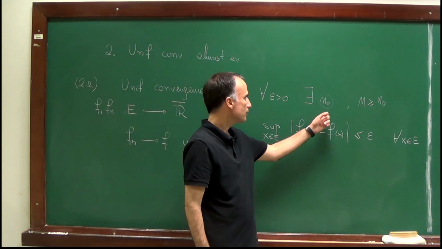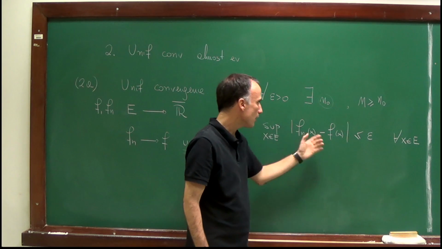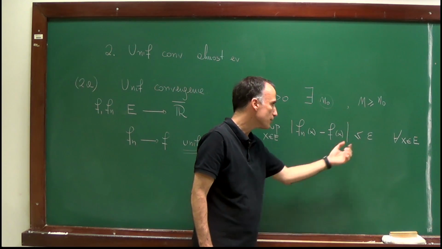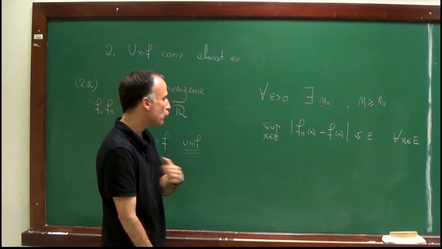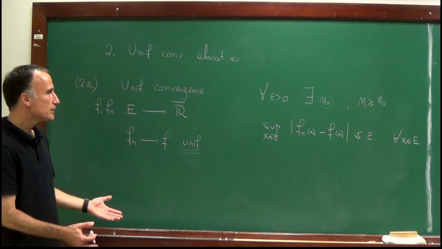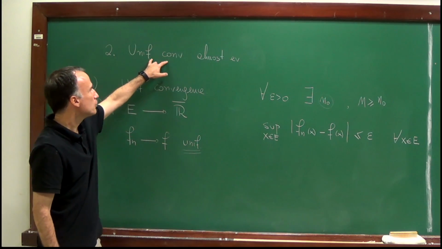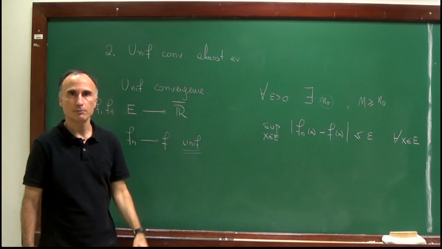The fact that you can choose one integer n_0 for which this difference is bounded uniformly over all points of E.